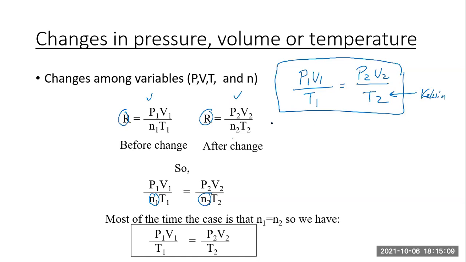This is what is sometimes referred to as the combined gas law, because it pretty much deals with everybody. It's also the one that does give people a pretty difficult time in terms of rearranging.